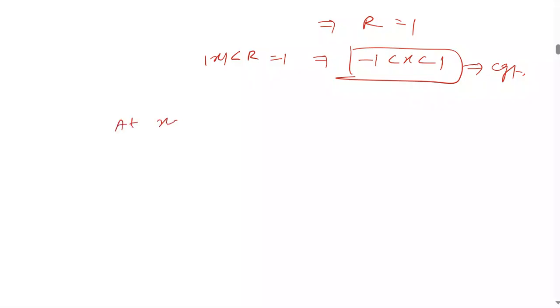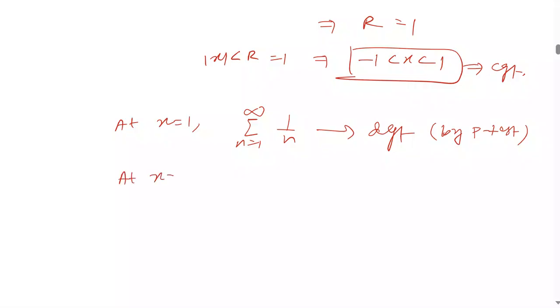At x equal to 1, this series becomes 1 by n, that one divergent by p test. At x equal to minus 1, this is like minus 1 power n by n, this one convergent by Leibniz test.